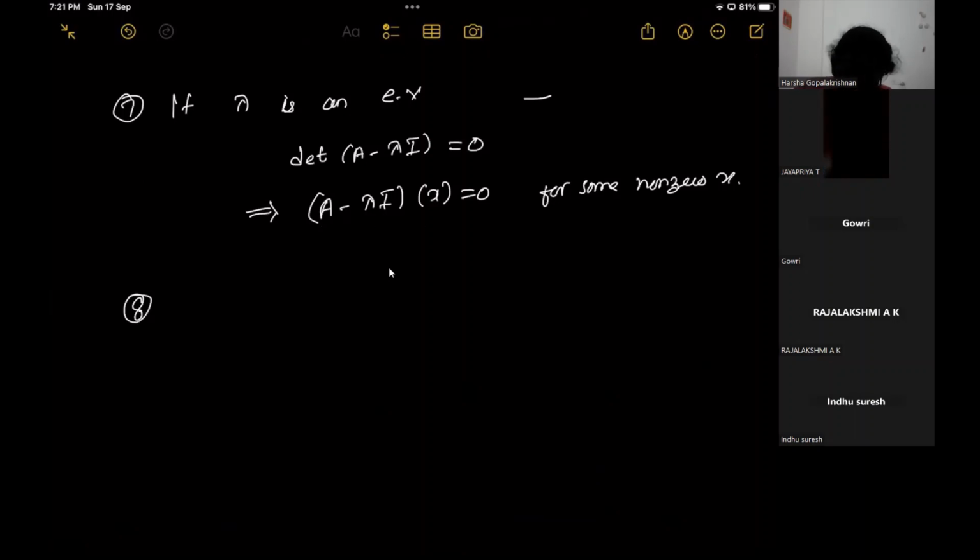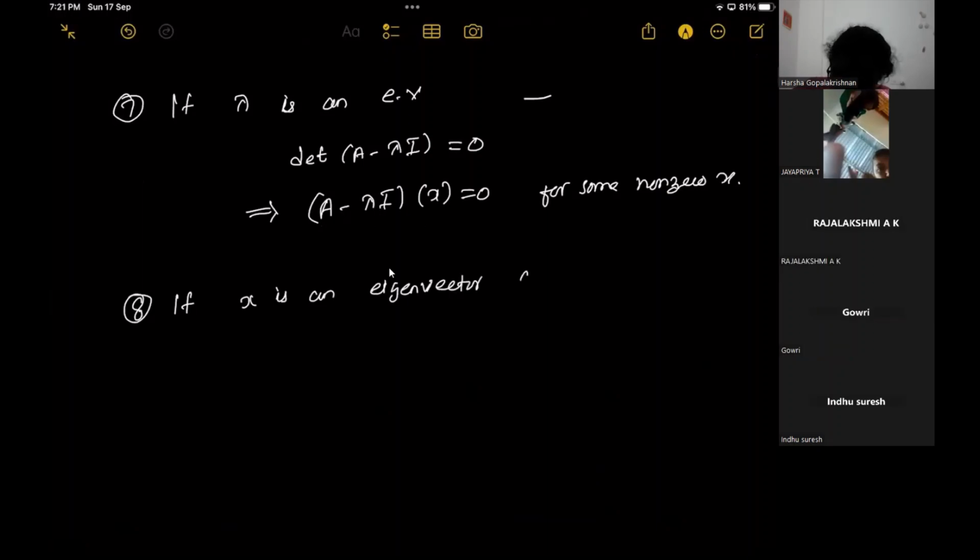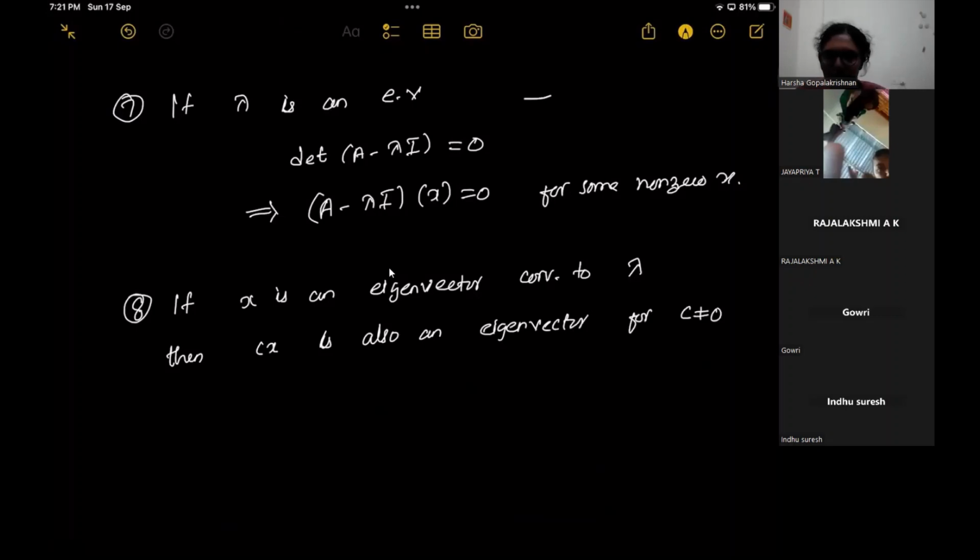Now, if x is an eigenvector corresponding to lambda, then Cx is also an eigenvector for C not equal to 0. What it is saying is x is an eigenvector corresponding to lambda.